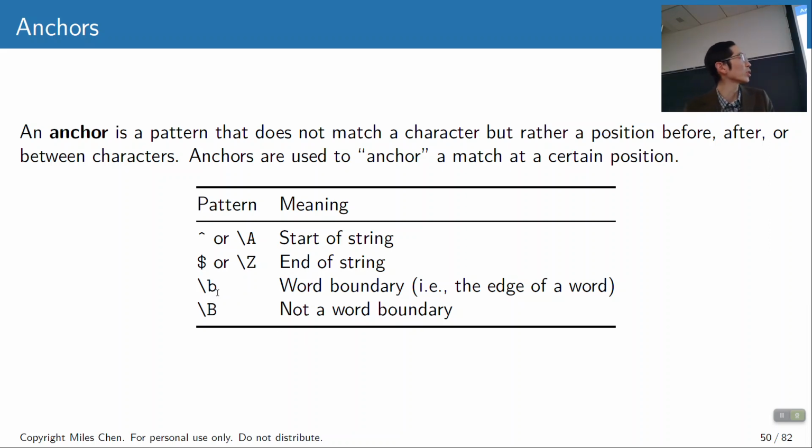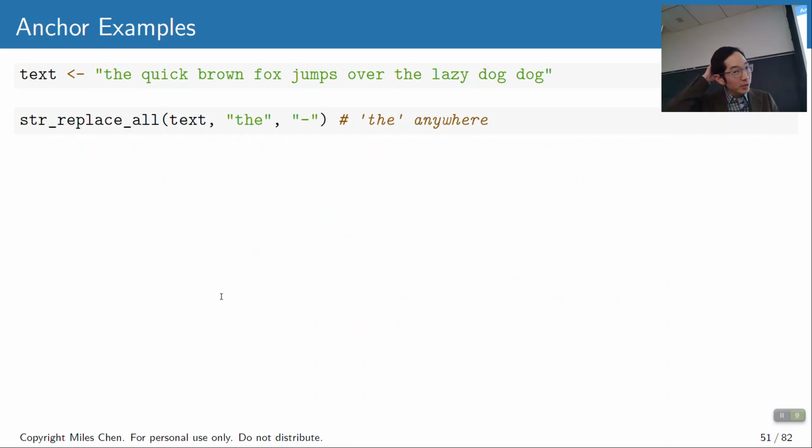One is the word boundary, okay? And a word boundary is basically the edge of a word. Edge of a word, and then capital B would be not a word boundary, so not at the edge of a word, okay? So here, this is a vector of length 1, a single thing.